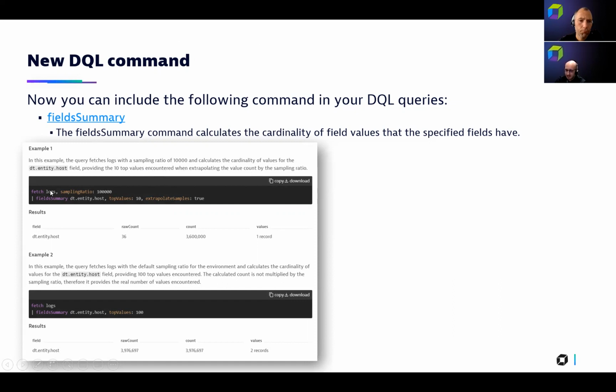So it's the same example here. We fetch the logs from there, and we have the entity host, and we have the sampling ratio here. It's important to apply this extrapolation to your query so that you can analyze your data sets here. And in this example, there was no sampling rate, so we saw exactly the real number of the values encountered here. Yep.